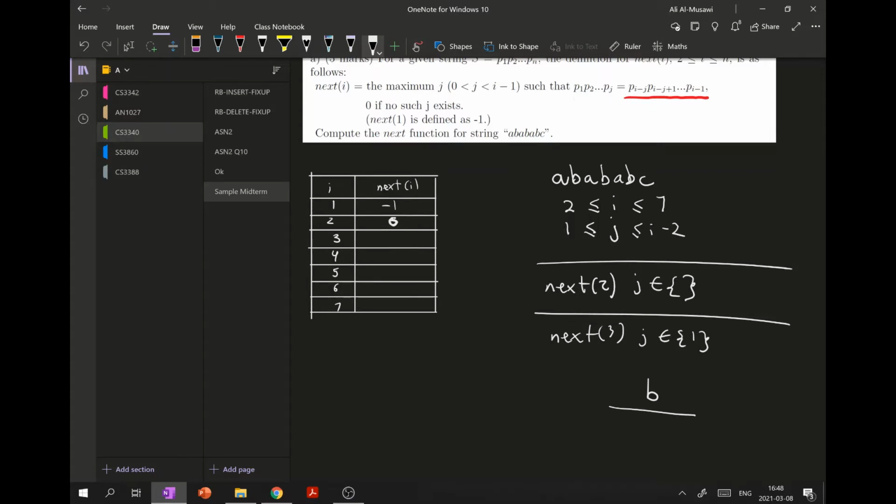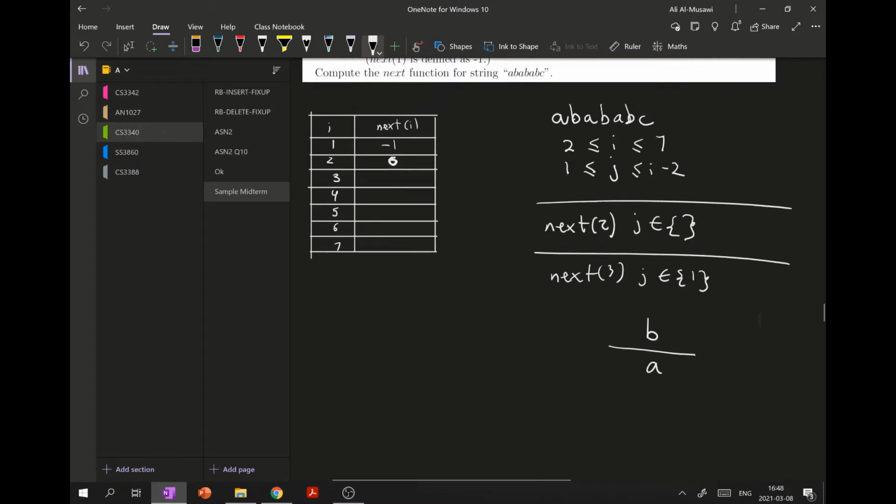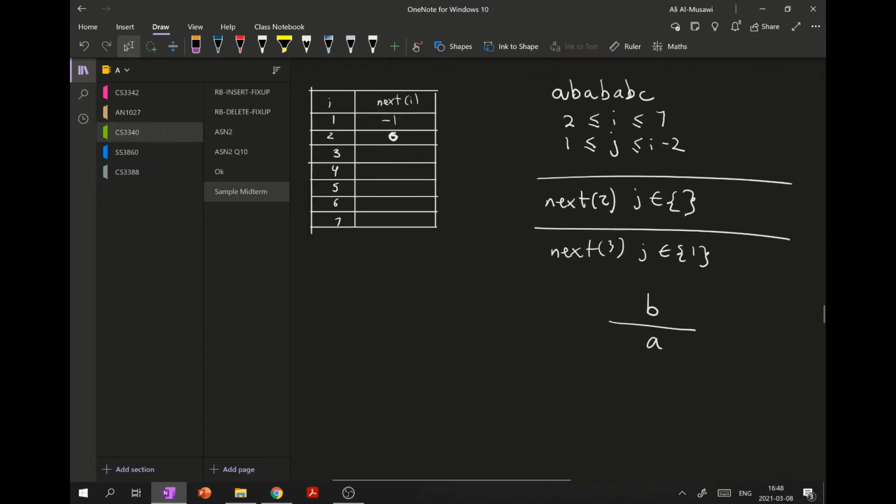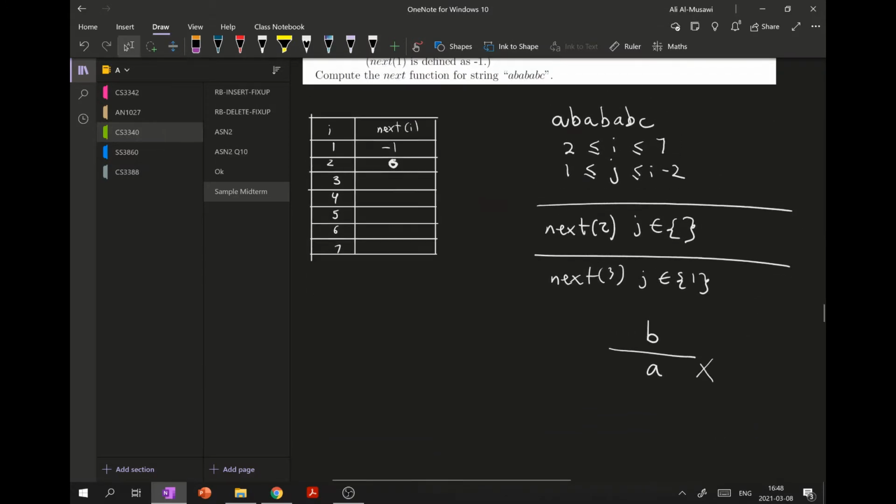There's only one thing we can use. It's specified by p1 up to pj. Now j is 1, so it's just p1, which is a. Now we ask ourselves, is there a match? Nope, there is no match. The search is done, so we put a 0.